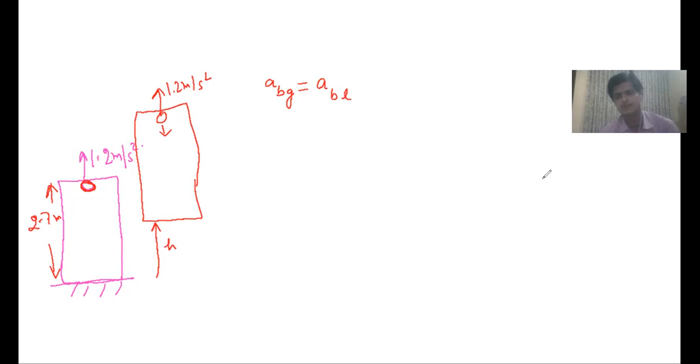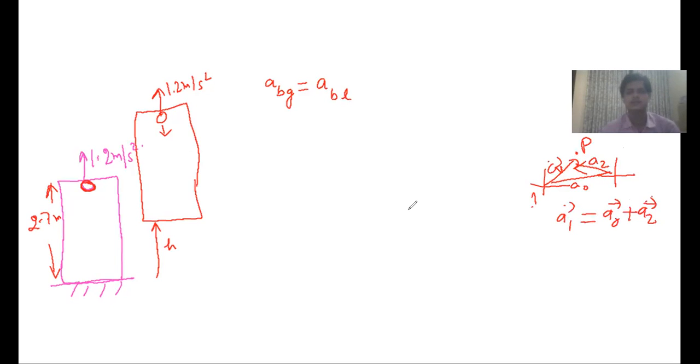Same thing we have discussed here: acceleration of point P with respect to one frame, A1, we can write as A0 plus A2. Similarly, acceleration of bolt with respect to ground equals acceleration of bolt with respect to lift plus acceleration of lift with respect to ground.